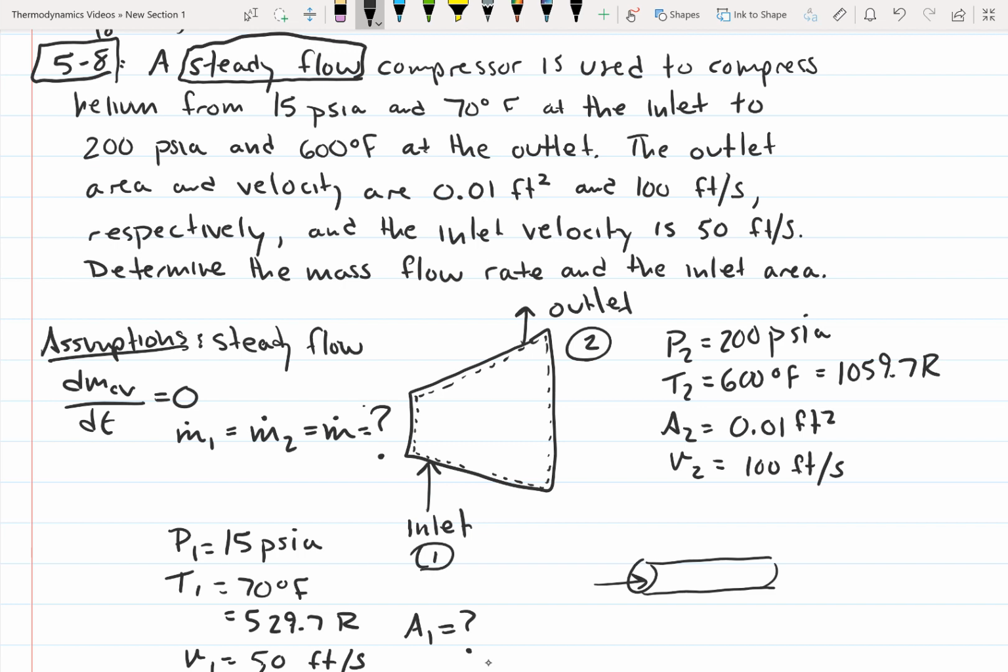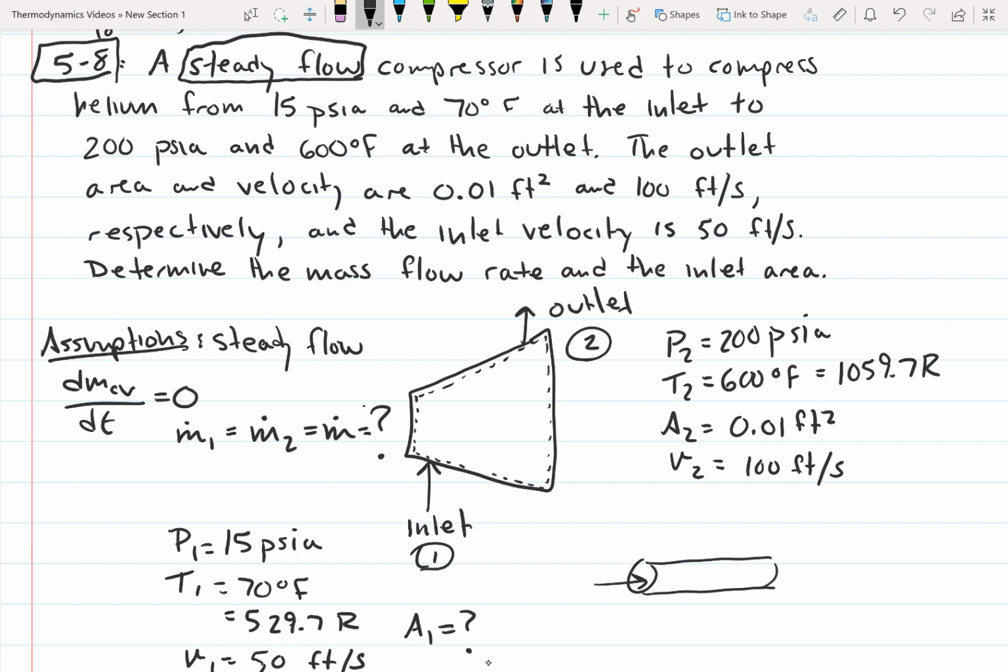Otherwise, the mass in the pipe will keep increasing until the pipe explodes. So if it's not telling you that it's a startup phase or a shutdown process, then you can basically just assume that it's steady flow, and that means that the mass flow rate in is equal to the mass flow rate out.